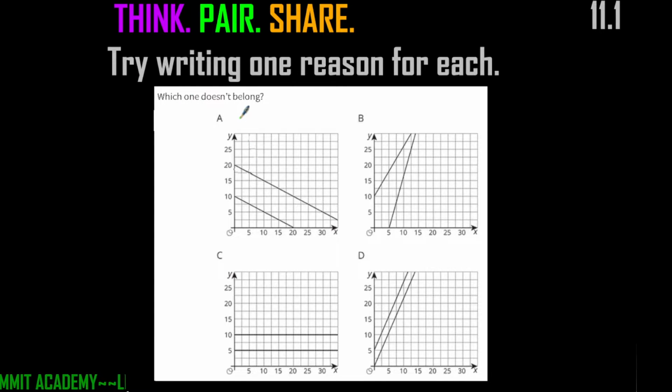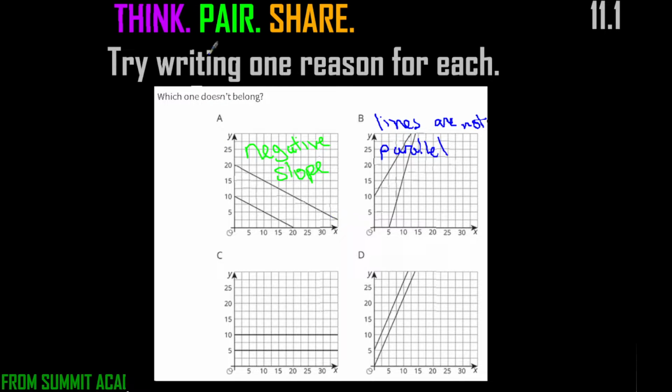All right, so for example, you could say A does not belong because it has a negative slope. You could say B does not belong because the lines are, let's say, not parallel. You could say C doesn't belong because it has a slope of 0. So you could say the slope is 0 for this one.